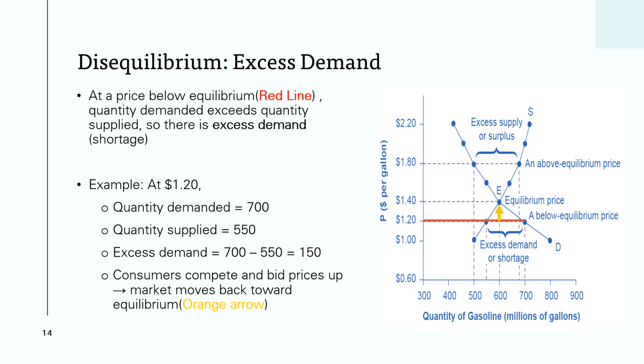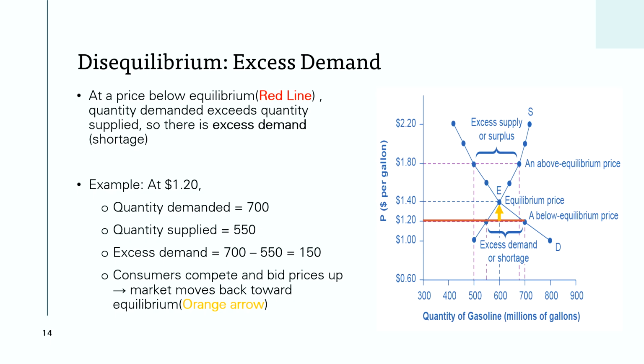Sometimes the market is not at equilibrium. At a price below equilibrium, let's say $1.20, quantity demanded exceeds quantity supplied. Quantity demanded is 700 units, while quantity supplied is only 550 units.